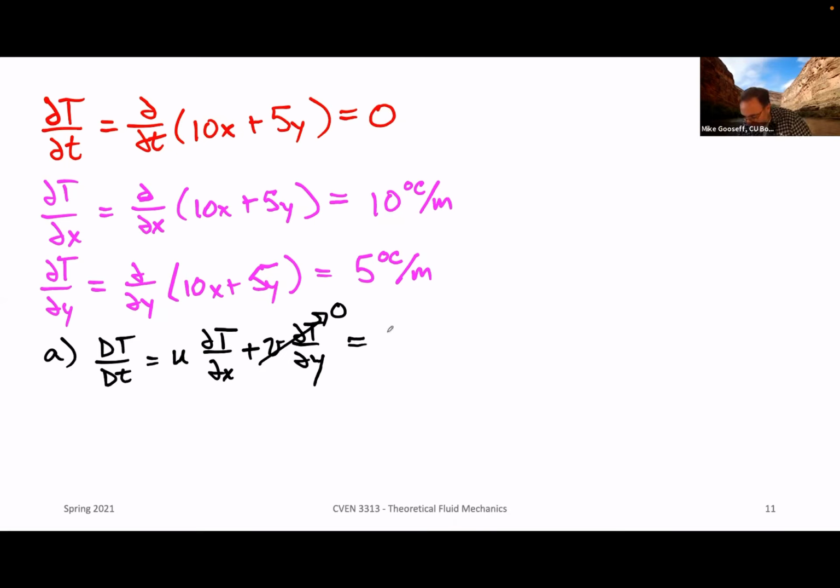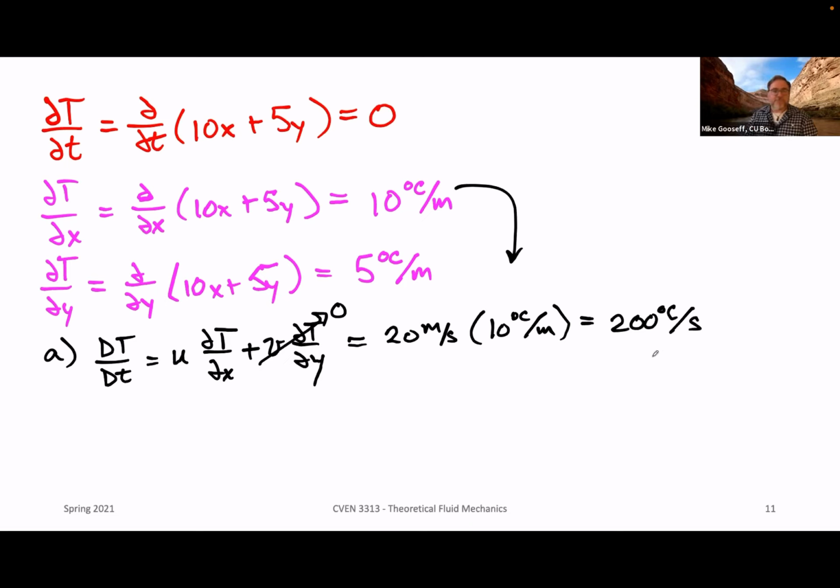So this comes out to be 20 meters per second times 10 degrees C per meter. That comes out to be 200 degrees C change per second. So the meters cancel, and our change of temperature with time, given that we're moving at 20 meters per second, is 200 degrees C per second.